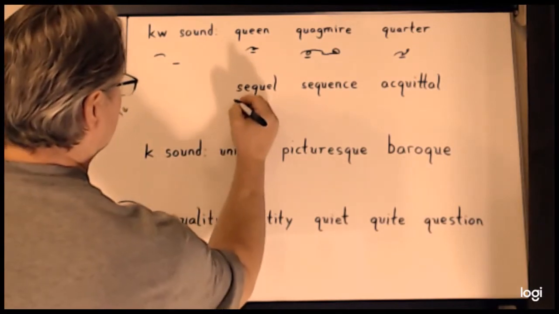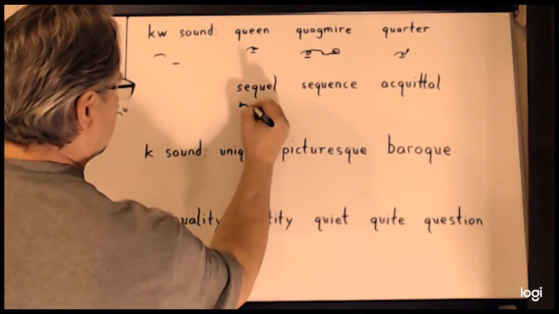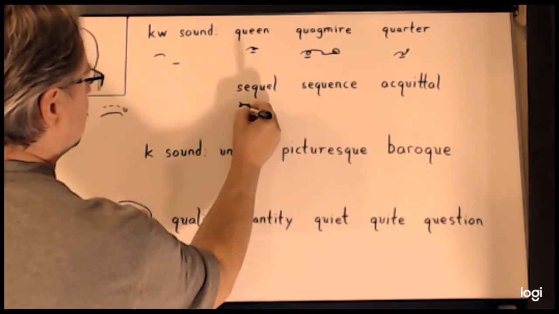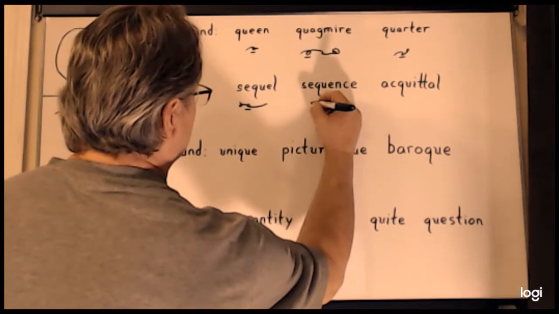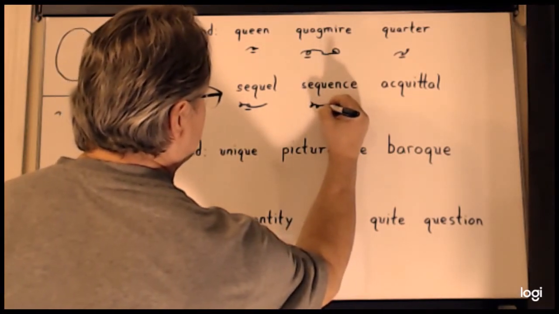So for sequel, we'll write S-E-K, then E-L, then the dash underneath the vowel, sequel. For sequence, it's S-E-K-E-N-S.